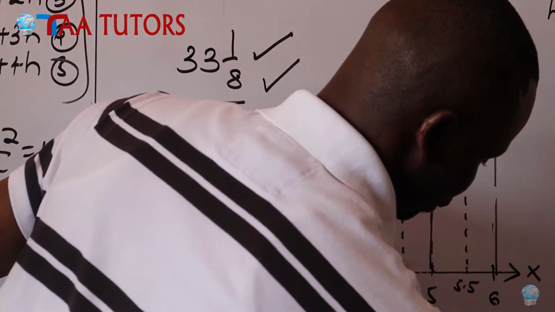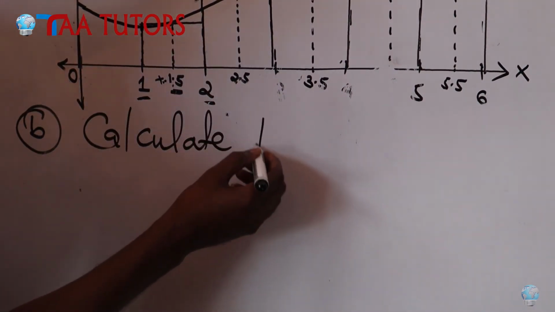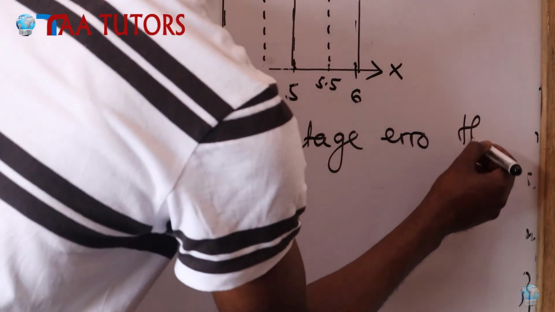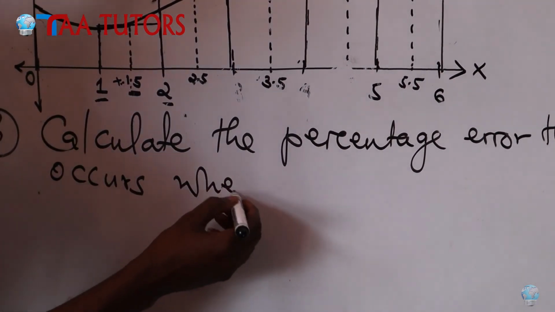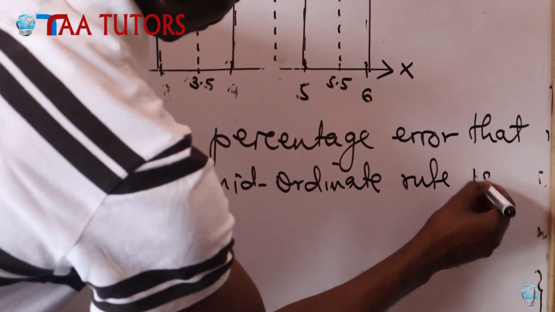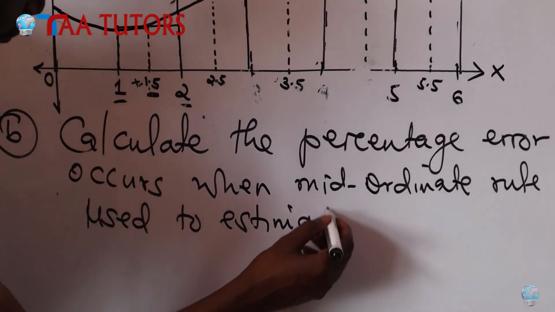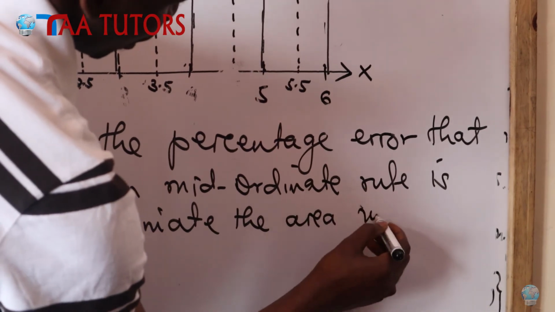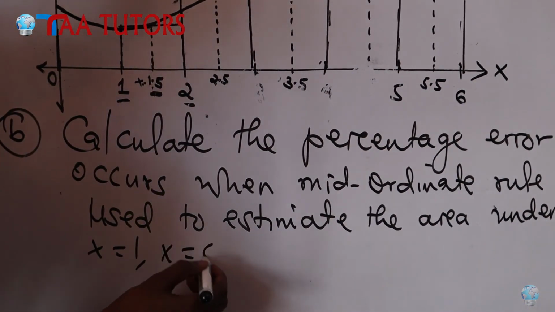That's part C. Calculate the percentage error that occurs when the midpoint rule is used to estimate the area under the curve, x equals 1, x equals 6, and the x-axis.